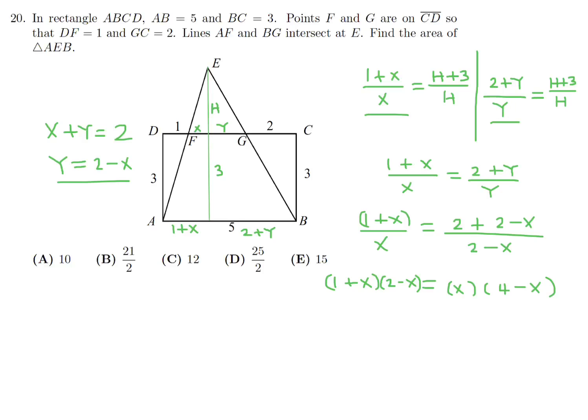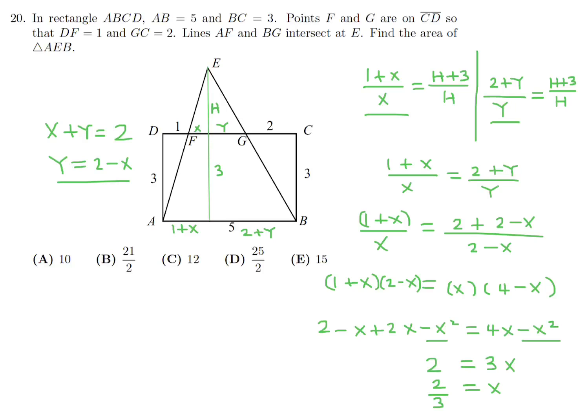Keep going here, and we've got 2 minus x plus 2x minus x squared is equal to 4x minus x squared. So subtract those, the minus x squareds disappear, put everything on one side, and you'll get 3x. And therefore x is equal to 2 over 3.